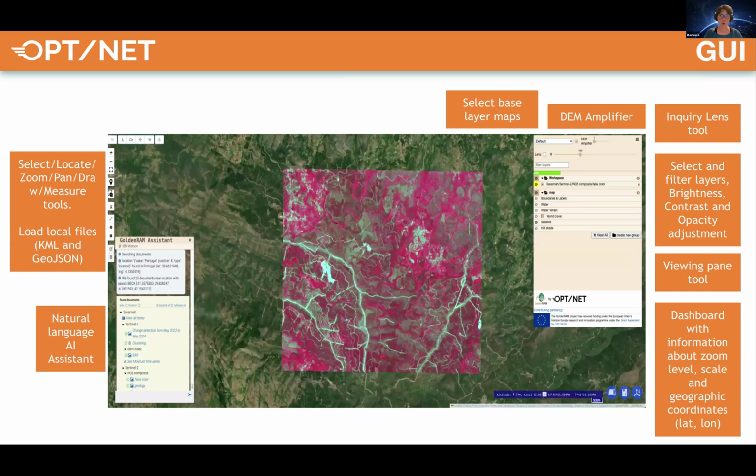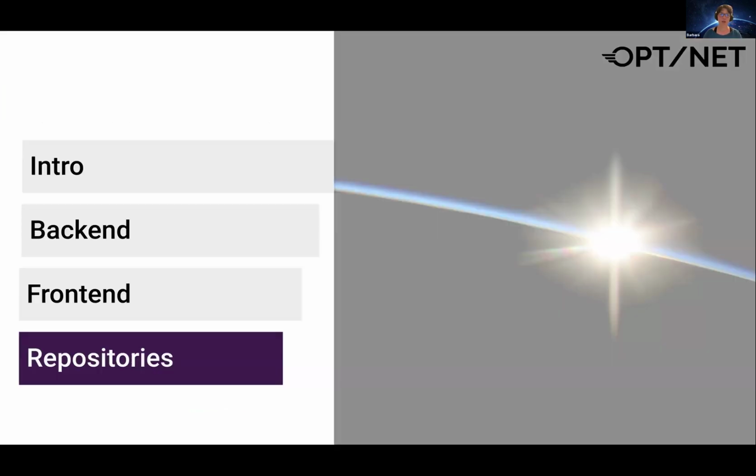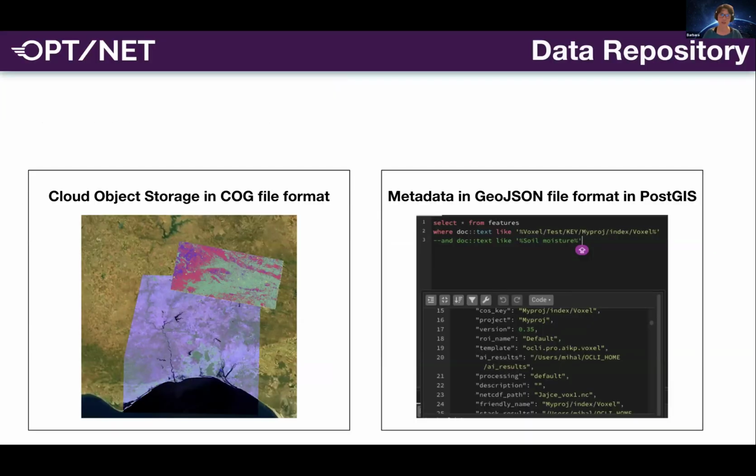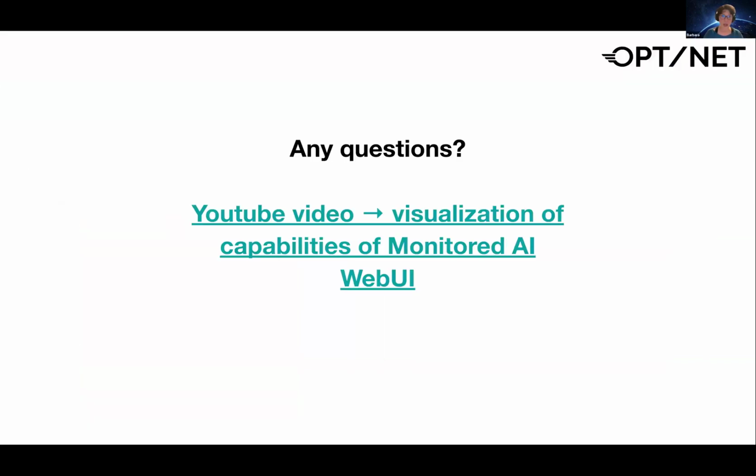This is a very quick overview of the front end. I mentioned a couple of times that there are two types of data repositories: the cloud object storage and metadata, but that is all covered as a part of this hackathon.